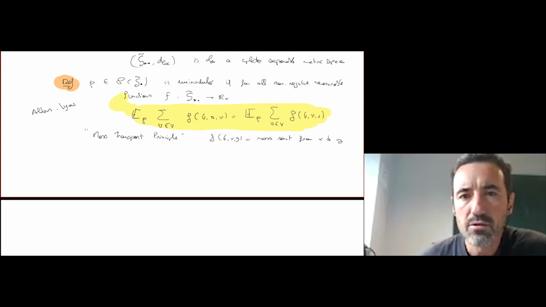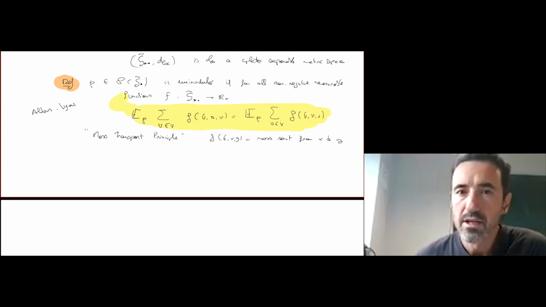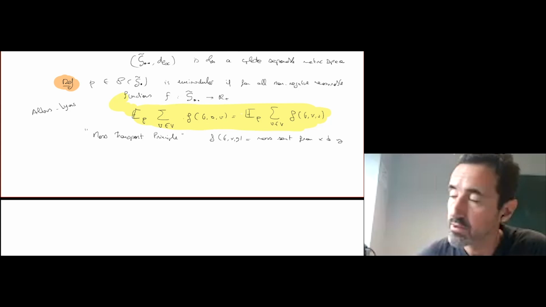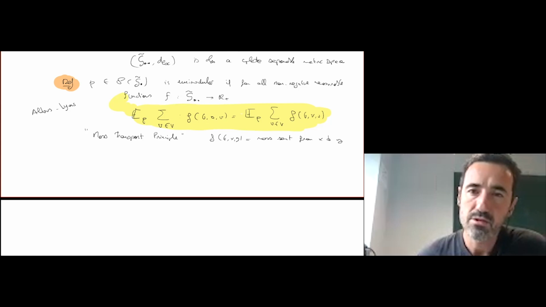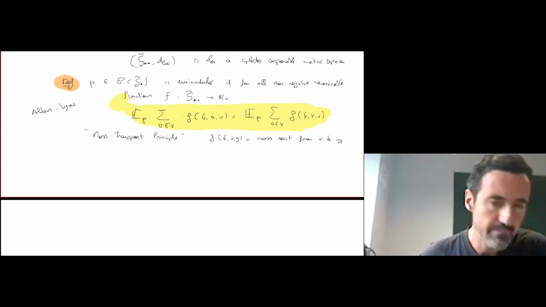So what is on the left-hand side? It is the total mass that the root sends to the rest of the graph. And on the right-hand side, this is the total mass that the root receives. And this mass transport principle says that it's a kind of conservation of mass principle: in expectation, the total mass that the root sends is equal to the total mass that the root receives. Okay?